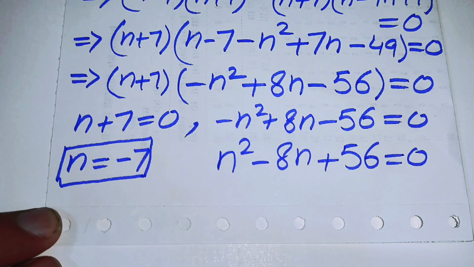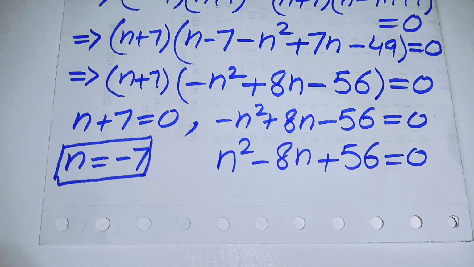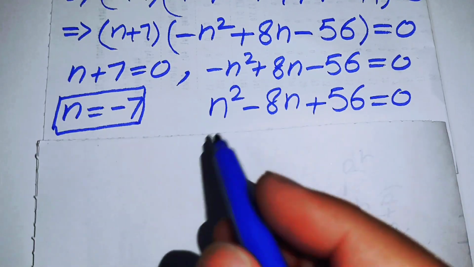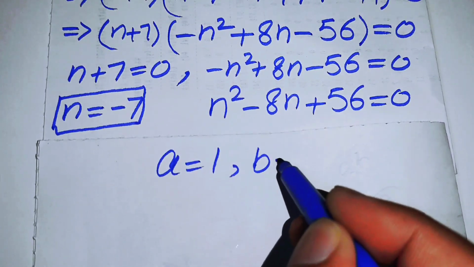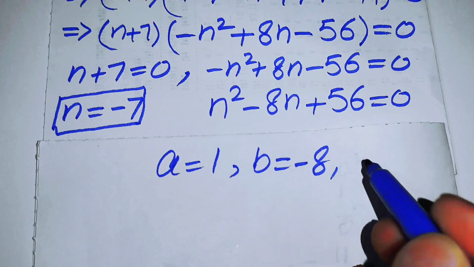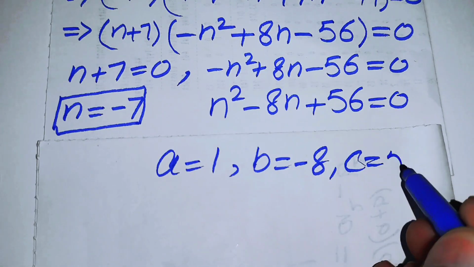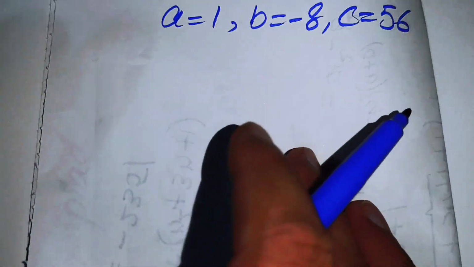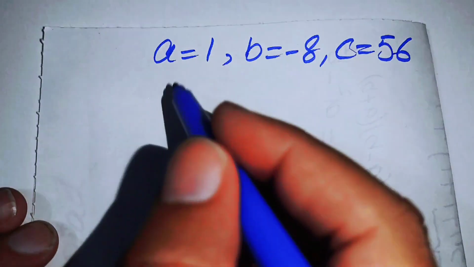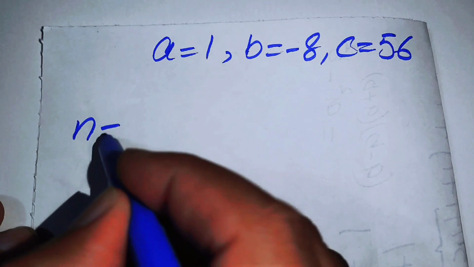Now this equation becomes the standard form of a quadratic equation, so we can use the nice quadratic formula in order to solve this problem. Here we have a equal to 1, b equal to minus 8, and c equal to 56.